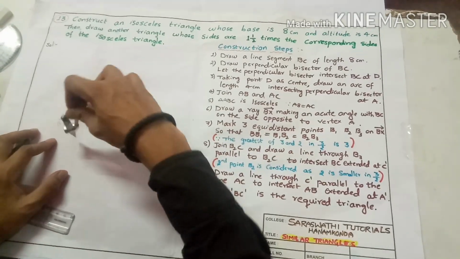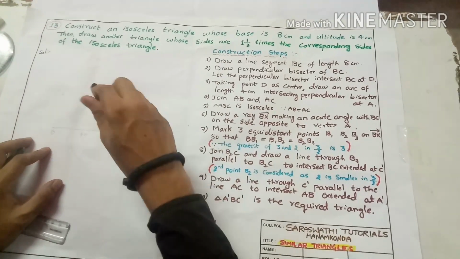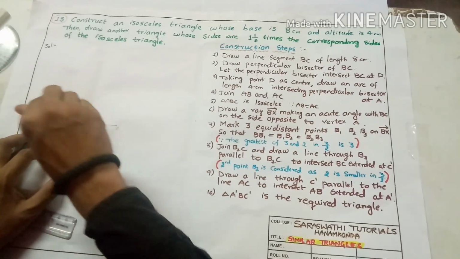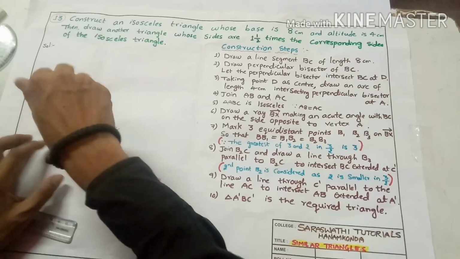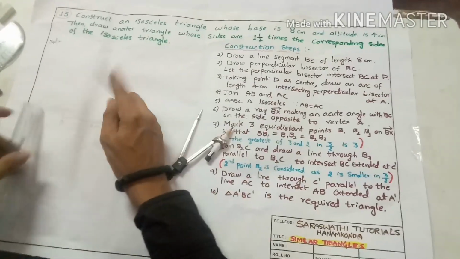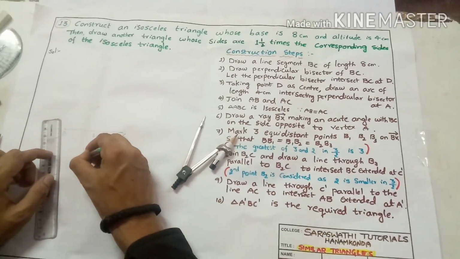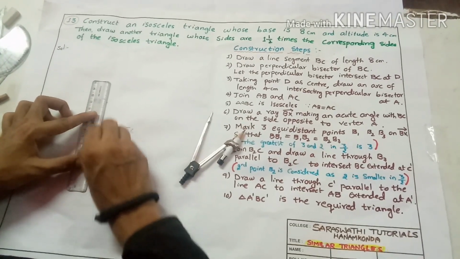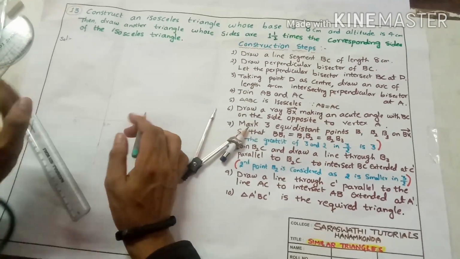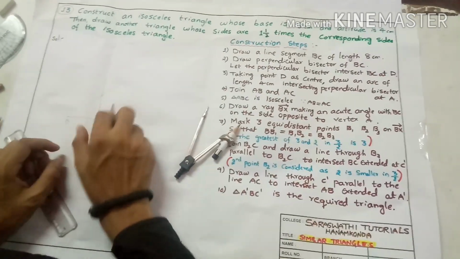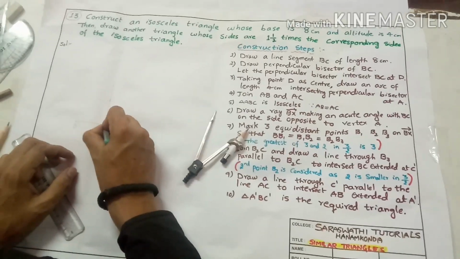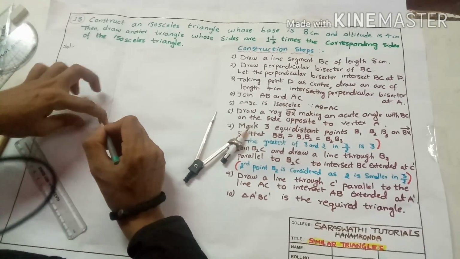So draw two arcs. Again with the same length from point B, draw another two arcs which meet the previous arcs. This point of intersection must be joined. So this is the perpendicular bisector of BC. It divides BC into two equal halves. If we mark it as point D, BD equals CD.